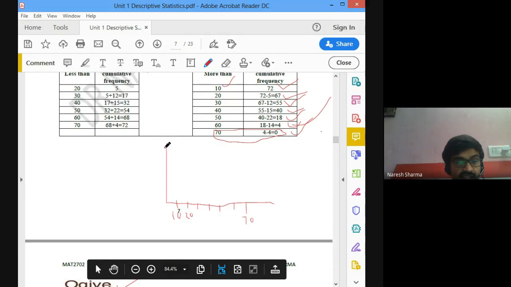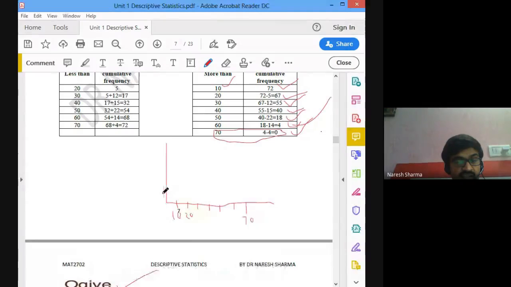And we take the height as 10 units, 20, 30, 40, 50, 60, and 70.